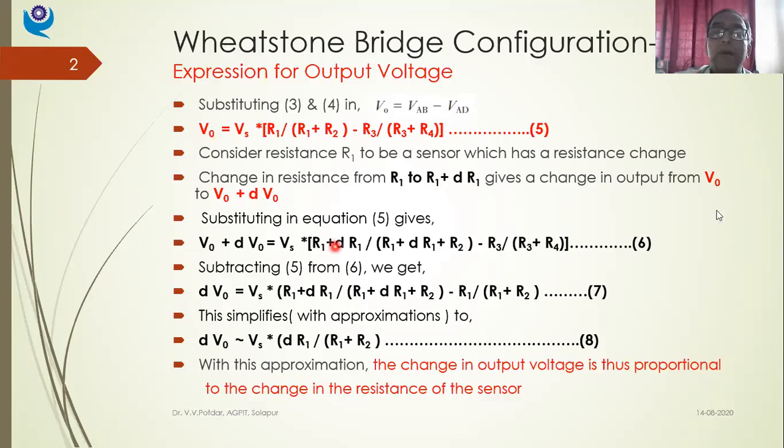So V0 changes from V0 to V0 plus dV0. Substituting in equation number 5, V0 plus dV0 will be equal to, for R1, what we have to substitute? R1 to R1 plus dR1. So V0 plus dV0 is equal to Vs into, instead of R1, R1 plus dR1.